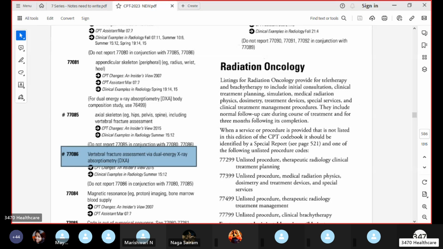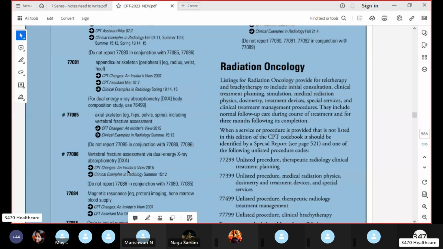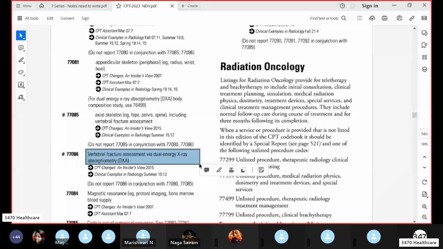Anyone having doubts? Because this alone, one parent code, right? It is not a subcode. So direct description. So vertebral fracture assessment, spinal fracture assessment via DXA. So your answer 77086.